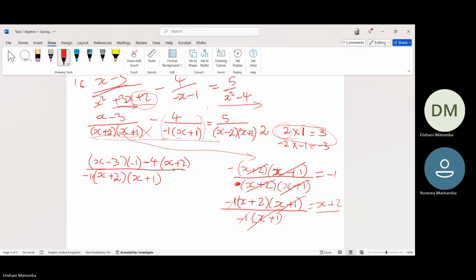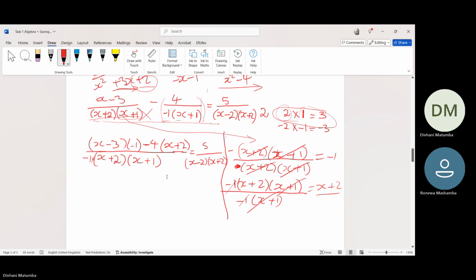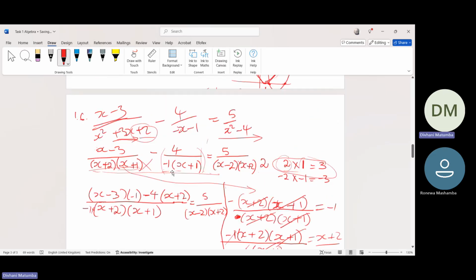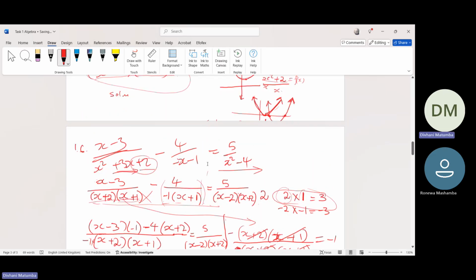Then on the other side, we will have 5 over x minus 2 times x plus 2. Okay, so from here, what is the next step, you think?